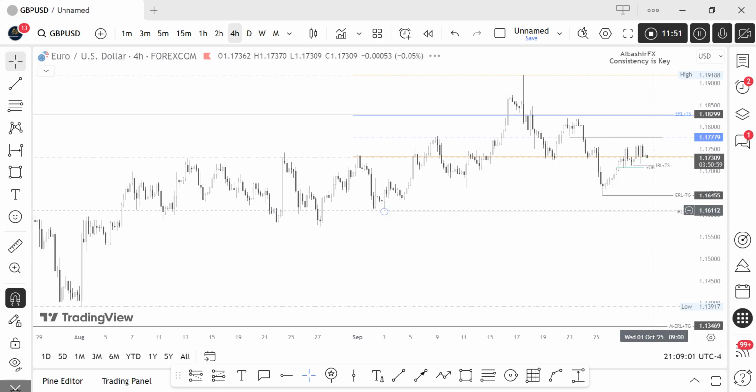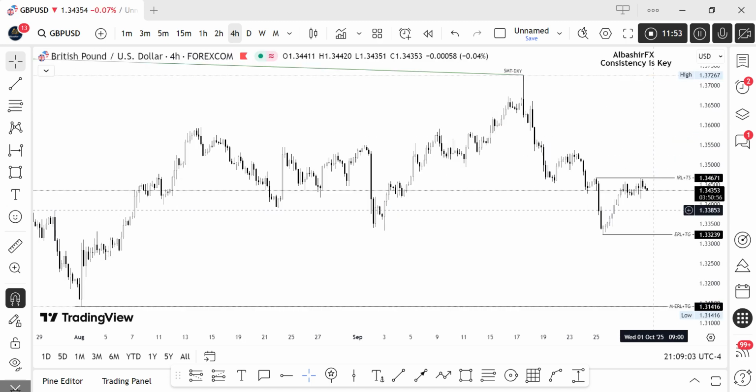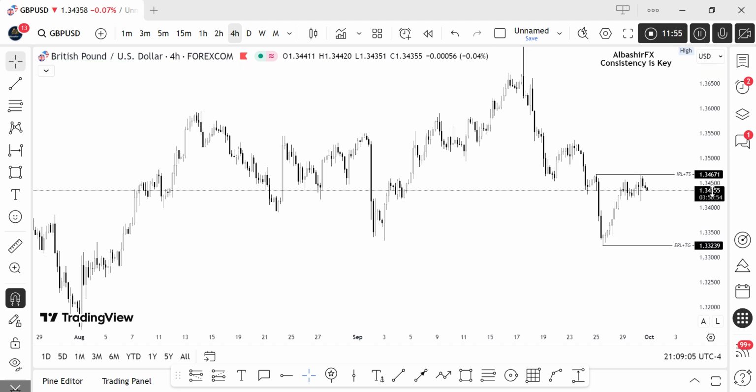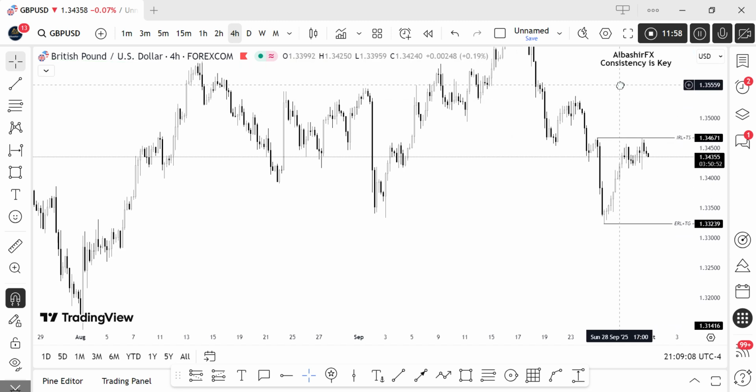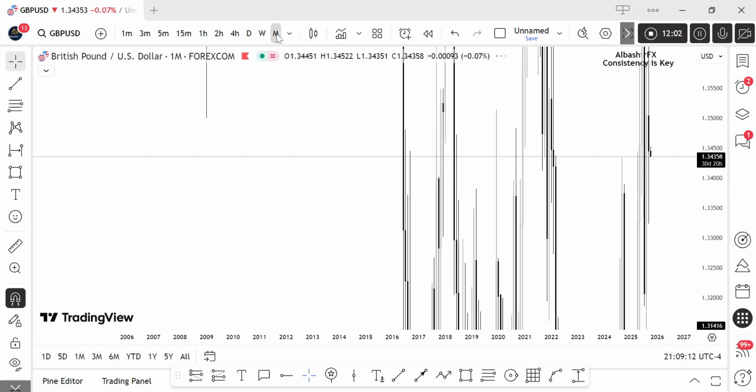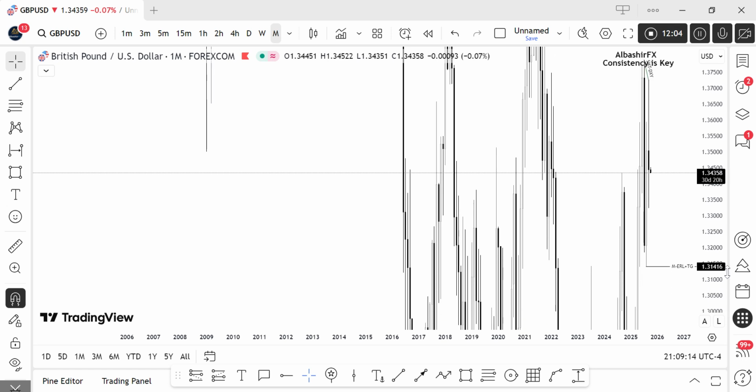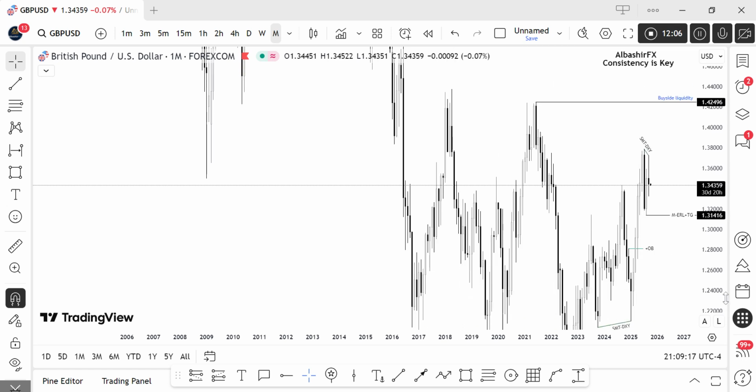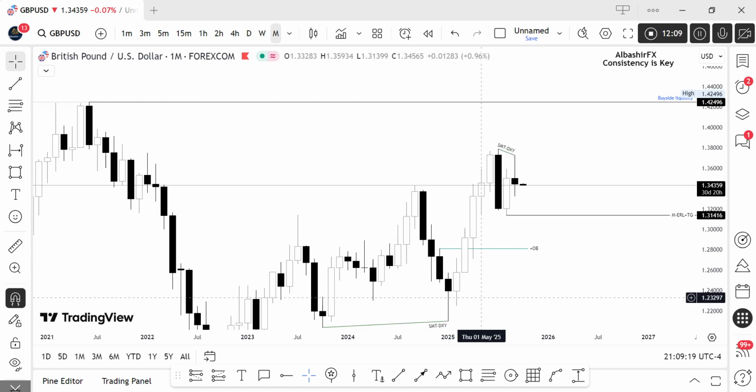So I want to go to the GBP. I will leave Euro. So on GBP, let's go to the monthly. Now, there is a lot to say about GBP on the monthly time frame.